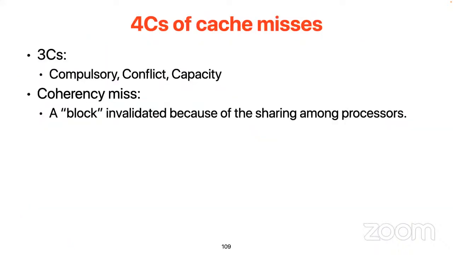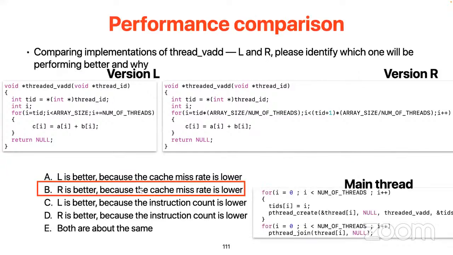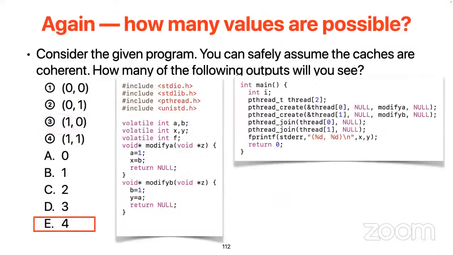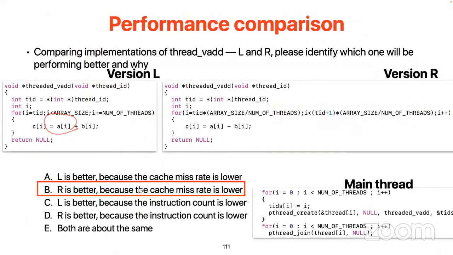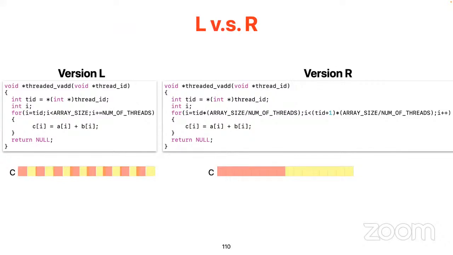Sometimes this will cause issues like false sharing, as in this program in particular. Let me go back to that slide. For this particular problem, you have to remember your cache maintains state by block.